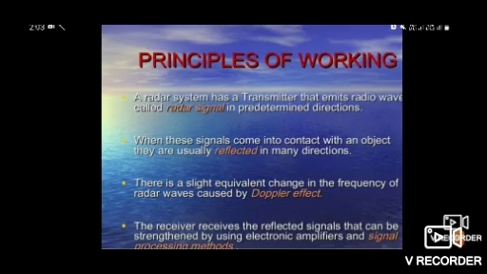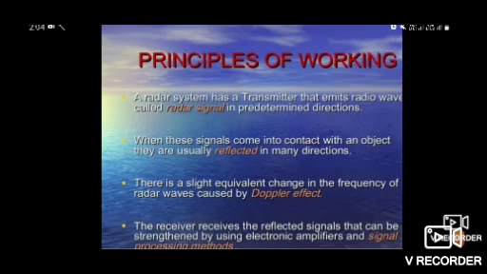What is the Doppler effect? The source transmits signals of a particular frequency, but at the reception part, the same frequency is not received by our receiver. There is a small, apparent change. Apparent means a slight change in the frequency of signals.